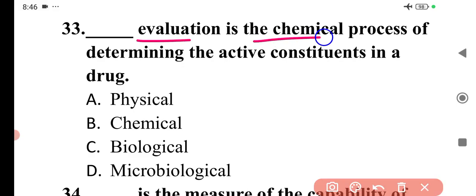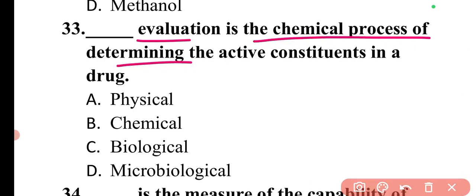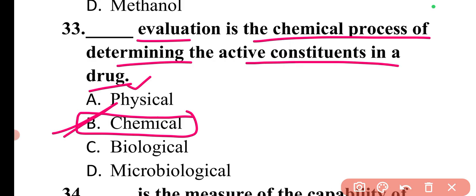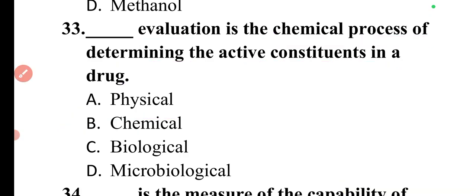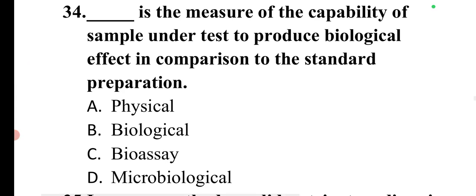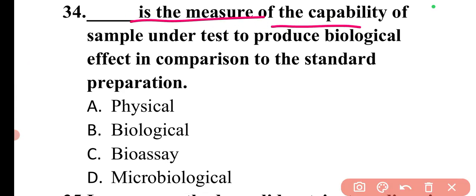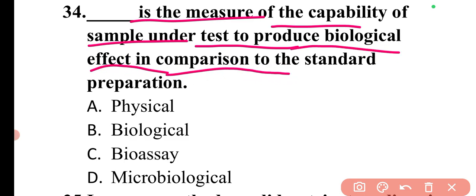Next question is, dash evaluation is a chemical process of determining the active constituent in a drug. So chemical evaluation methods are those which involve chemical processes to determine the active constituents in a drug. So here option B is correct. Next question is, dash is the measure of the capability of the sample under test to produce a biological effect in comparison to the standard preparation.